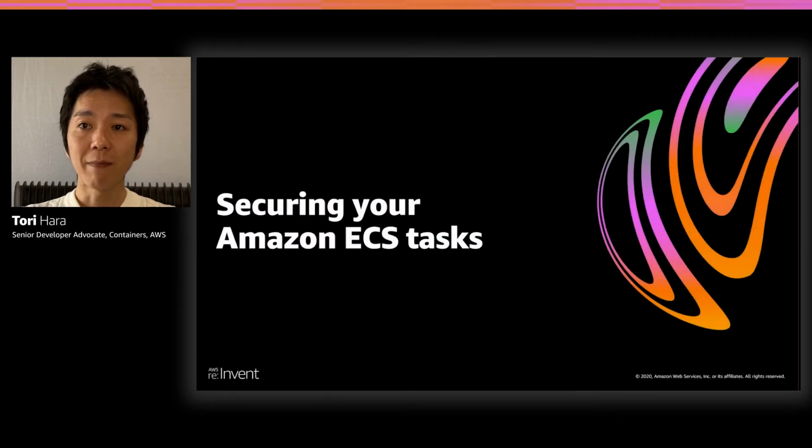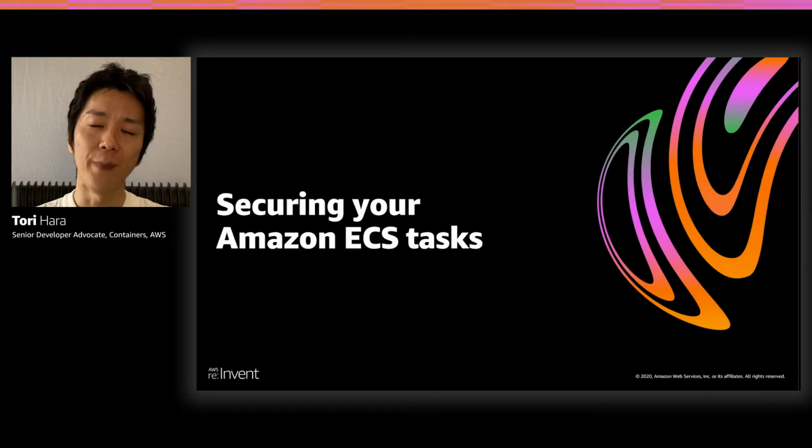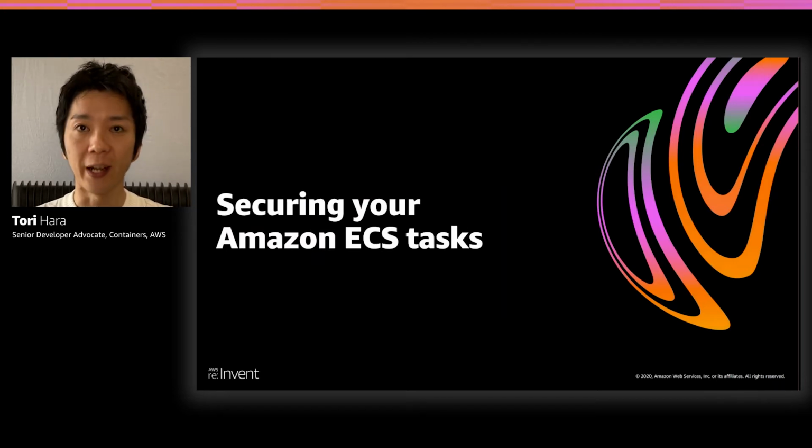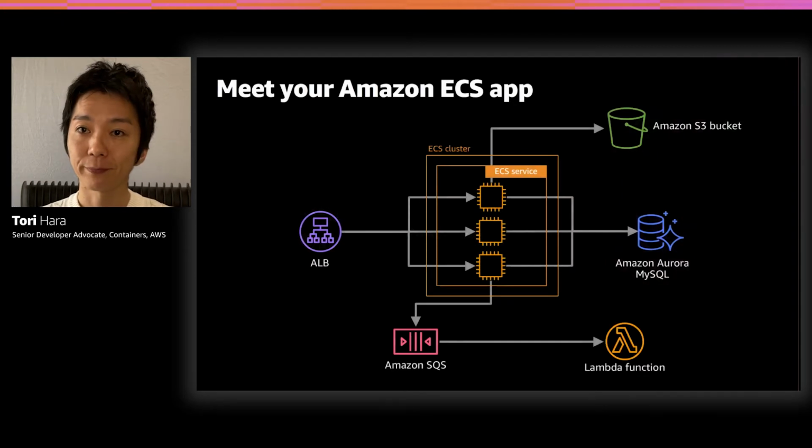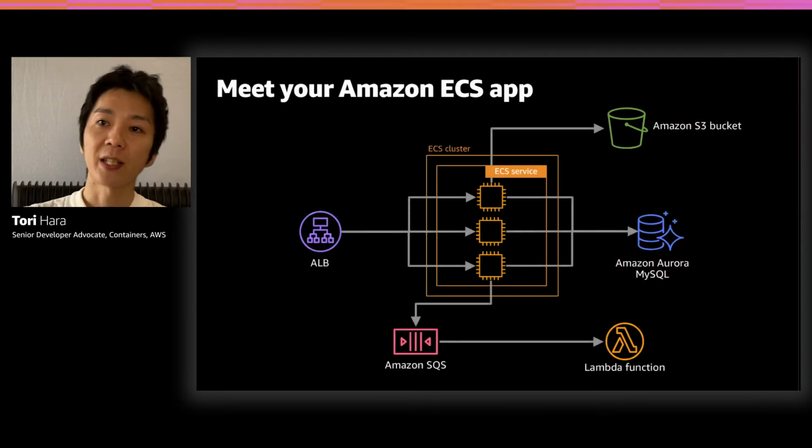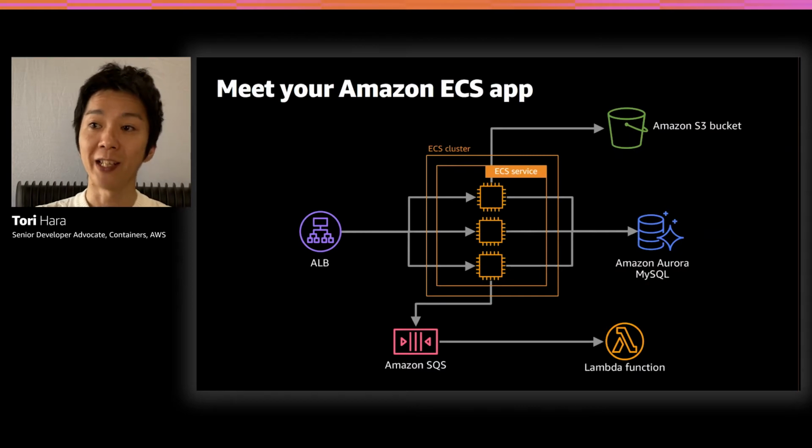Let's imagine a scenario where you've joined a new team in your company, and your job in this team is to make sure that your team's containerized application on ECS is running and operating securely. So here's a simple diagram you got from a team member which describes your ECS app very briefly.